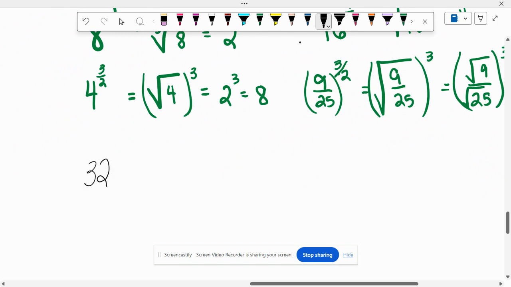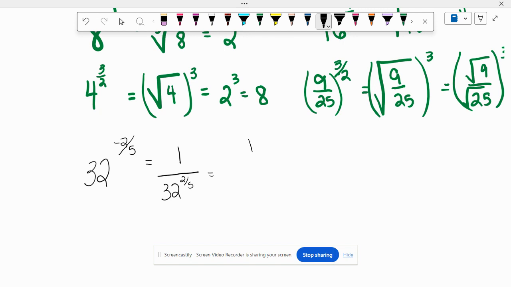I strongly dislike. Okay. 32 to the negative 2/5 power. So what does that mean I'm going to do first? Drop it down. So I really have 1 over 32 to the 2/5 power. So this means I have 1 over, I need to know what the 5th root of 32 is.